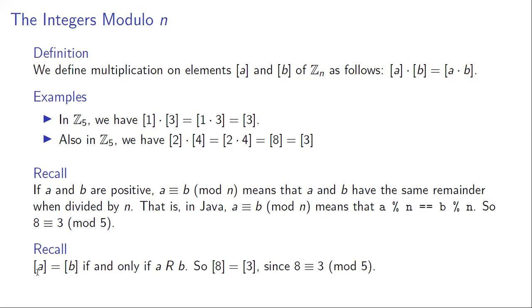And also recall that the equivalence class of A is equal to the equivalence class of B if and only if A is related to B. Since 8 is congruent to 3 mod 5, 8 is related to 3. Therefore, the equivalence class of 8 is equal to the equivalence class of 3. So that's why instead of leaving this as our final answer, we simplify it further and we get this.